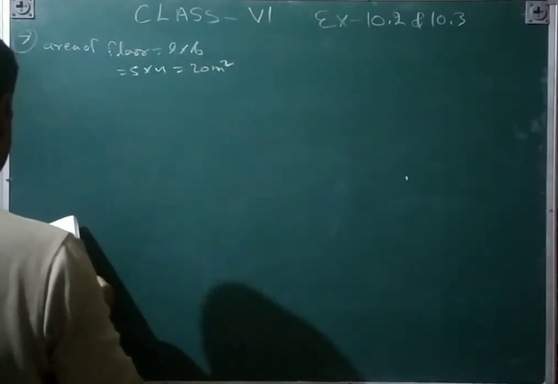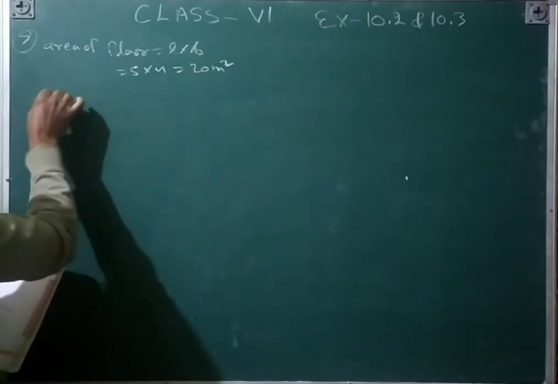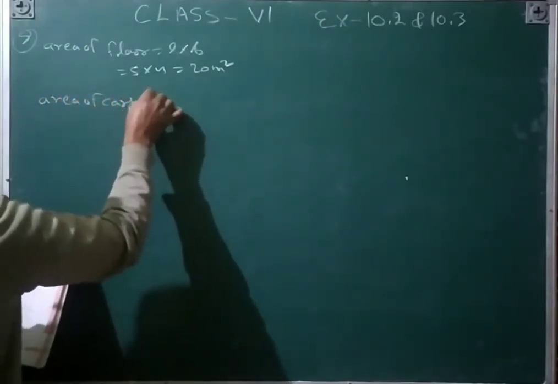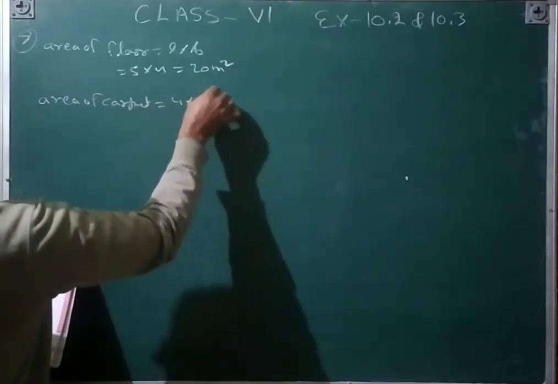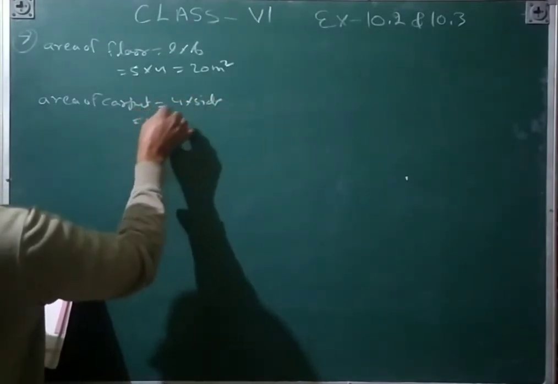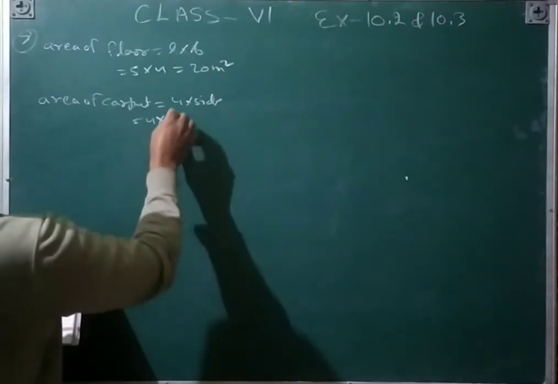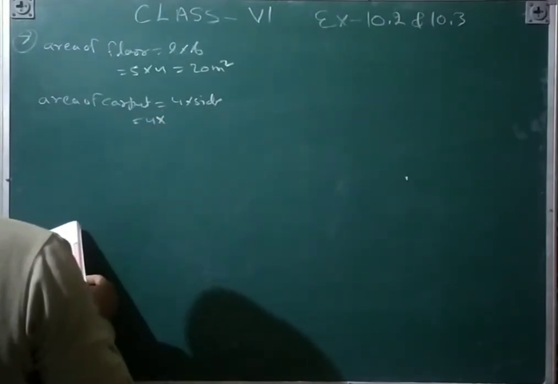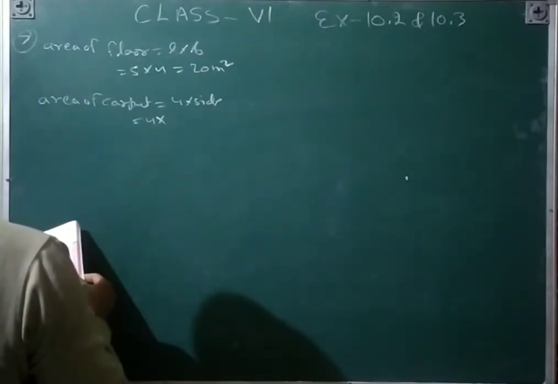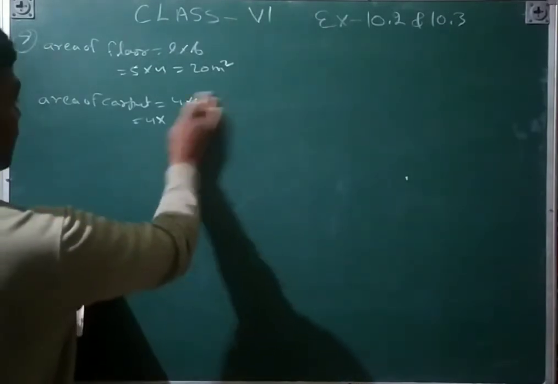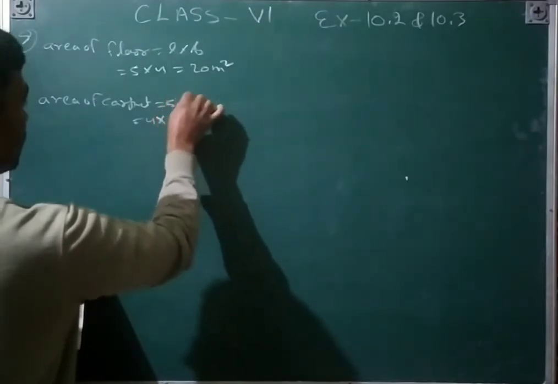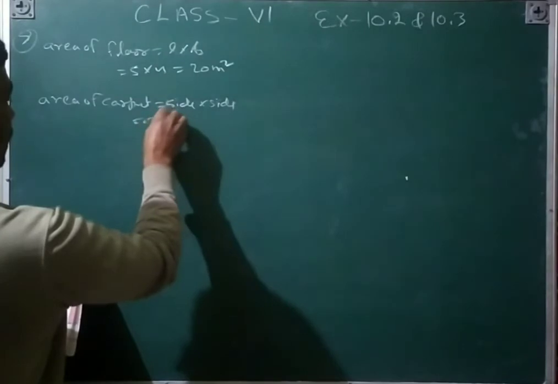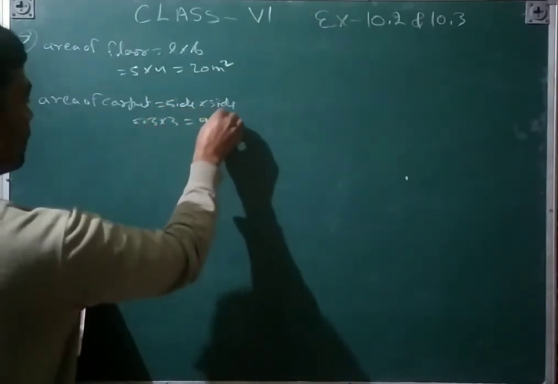And then area of carpet is a square carpet, sorry, just wait, side into side, that is 3 into 3 is equal to 9 meter square.